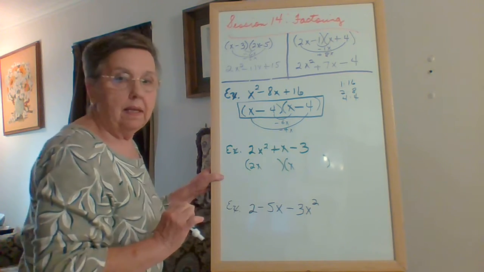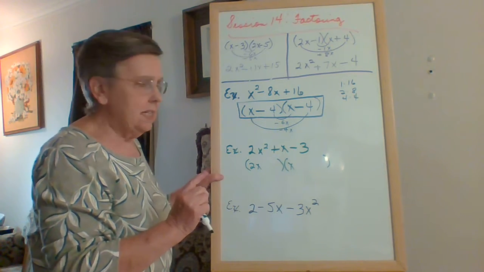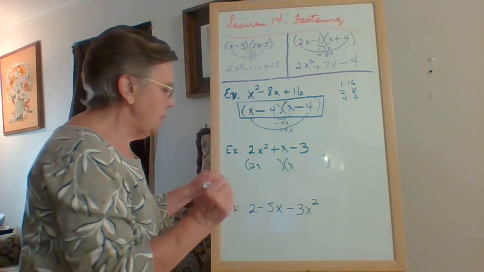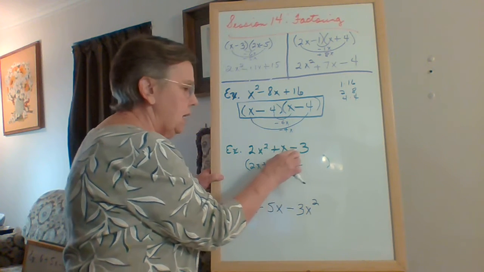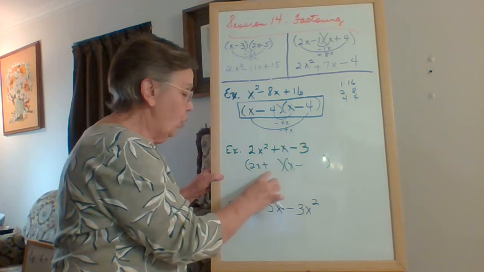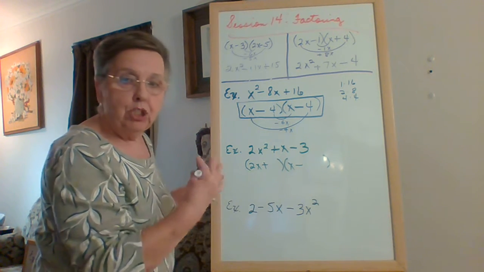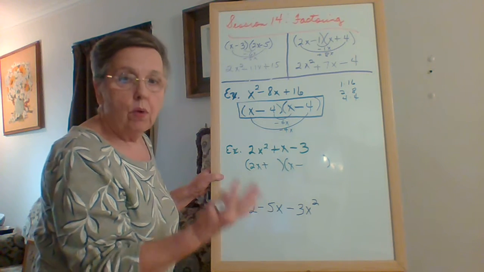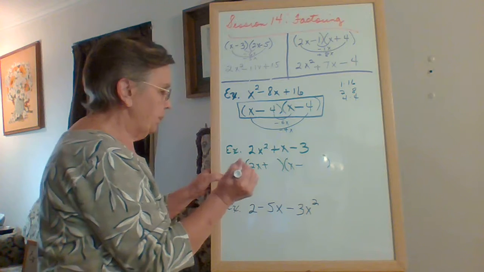Minus. Minus means I subtracted somewhere. So let's go ahead and play with the number, or put a plus and a minus. If this last term has a minus, one's a plus, one's a minus. I'm just putting them there to begin with. We will see if they are correct when we check it.